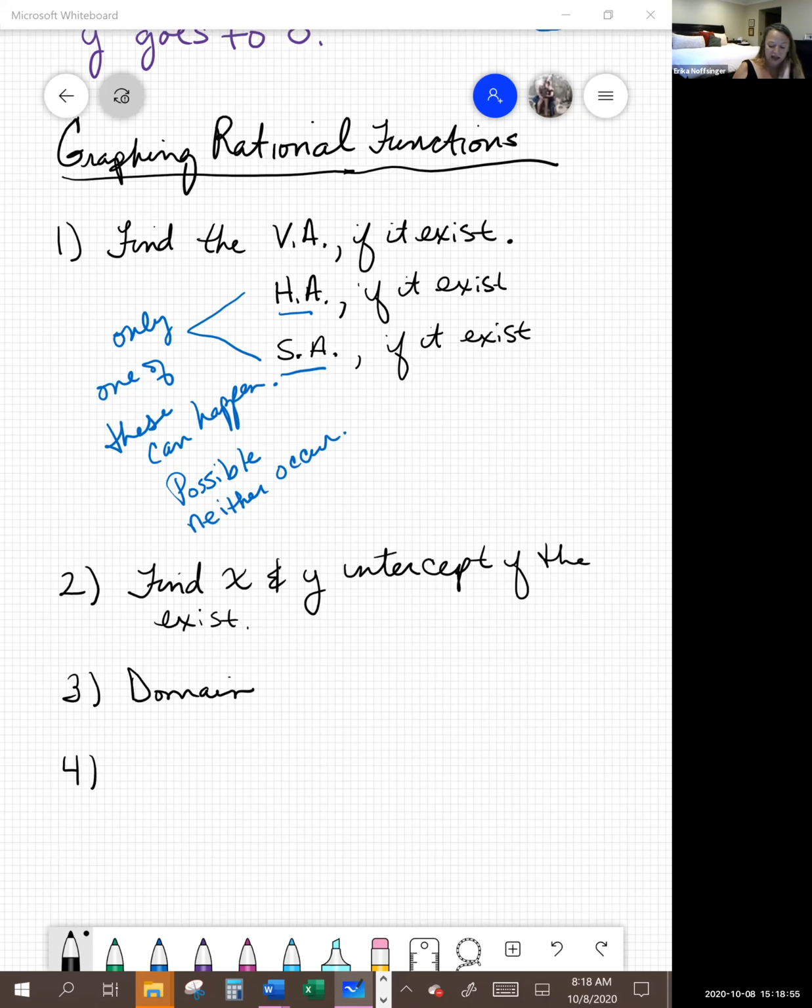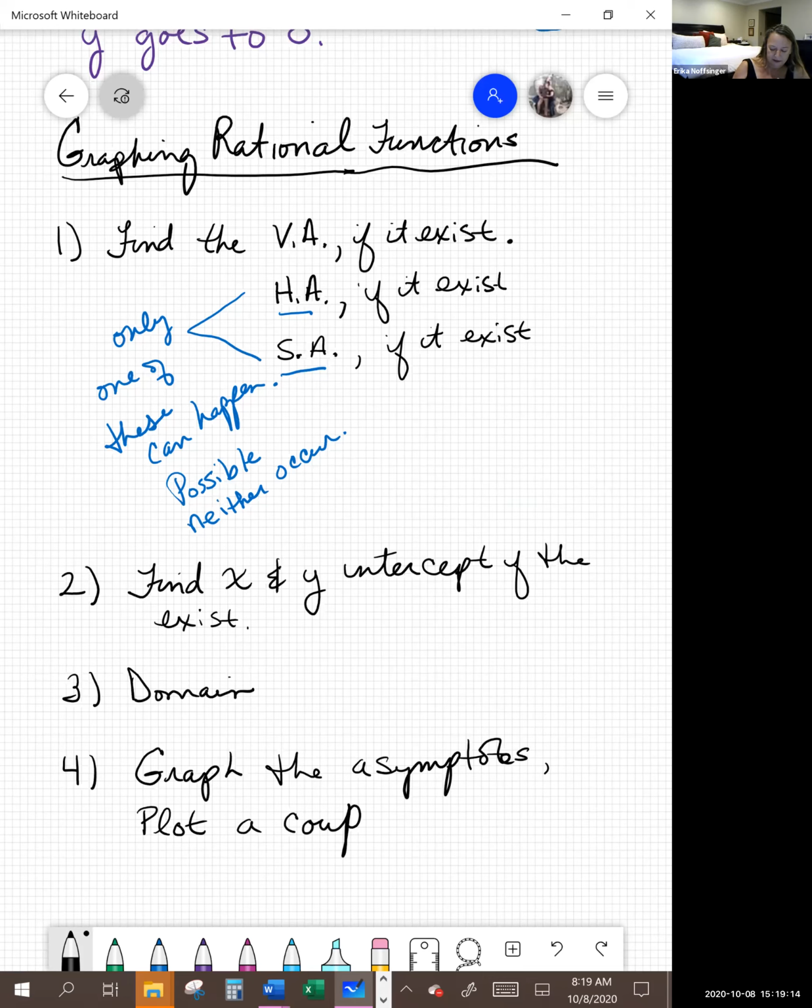So we're going to graph the asymptotes, and plot a couple additional points if needed on each side of a vertical asymptote.